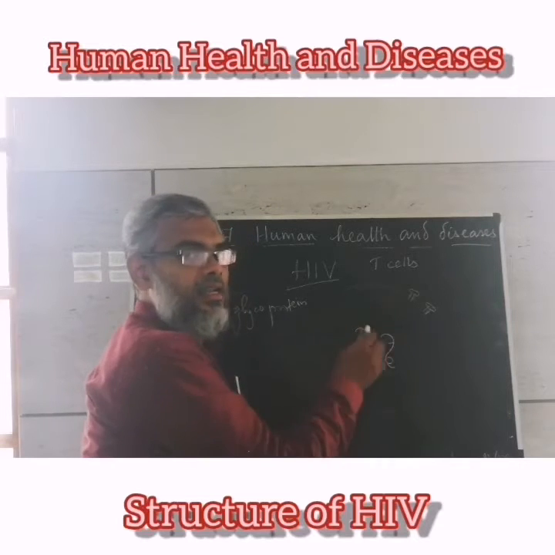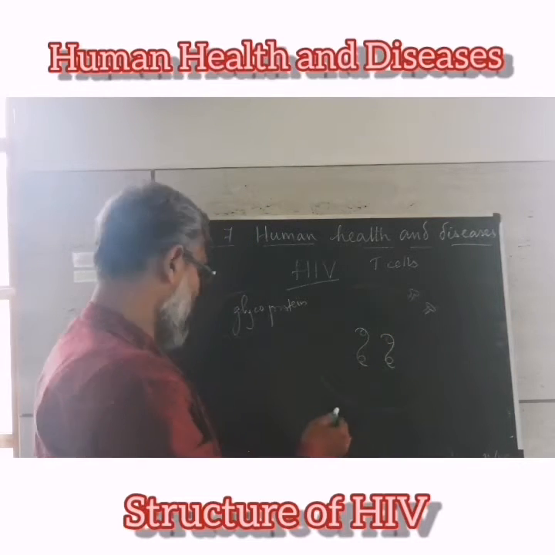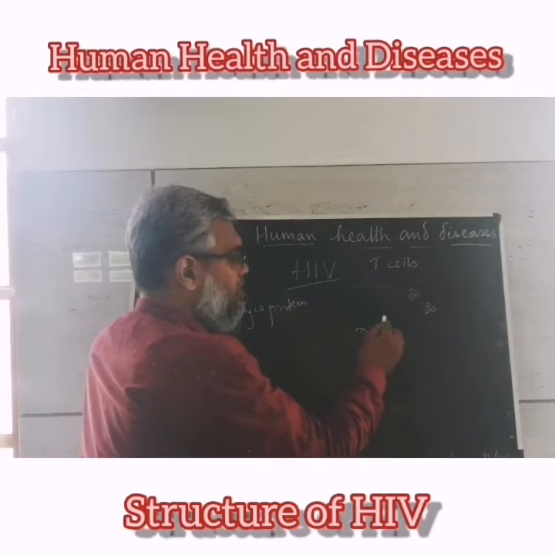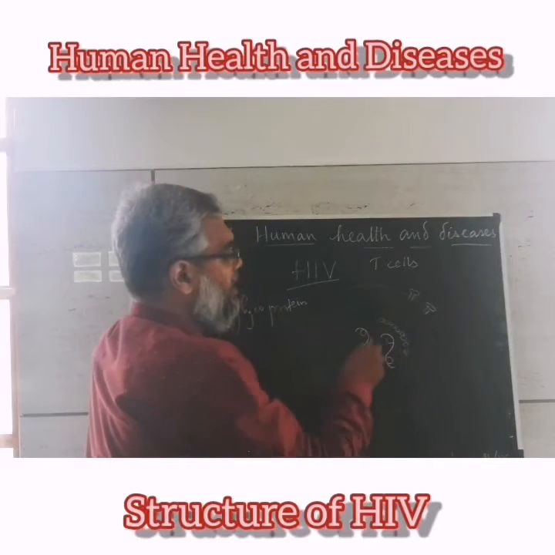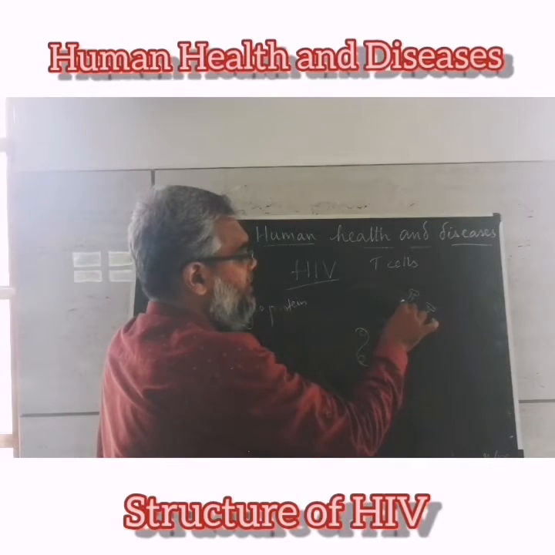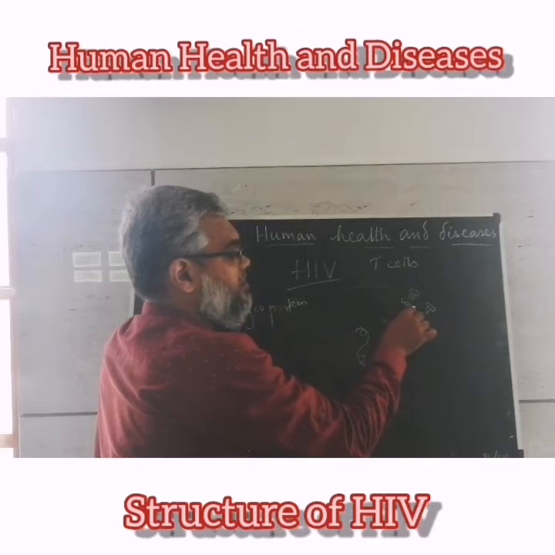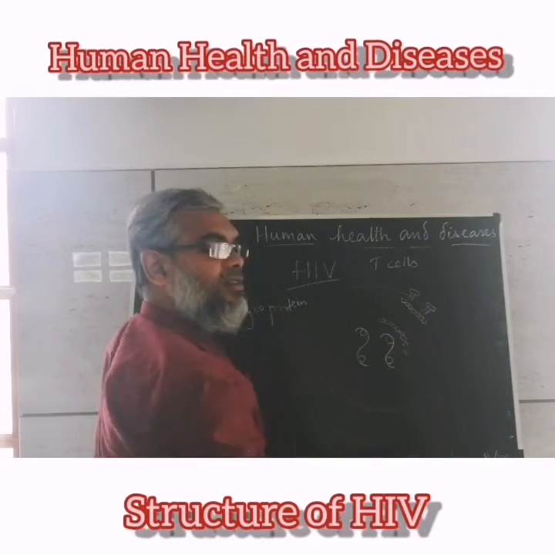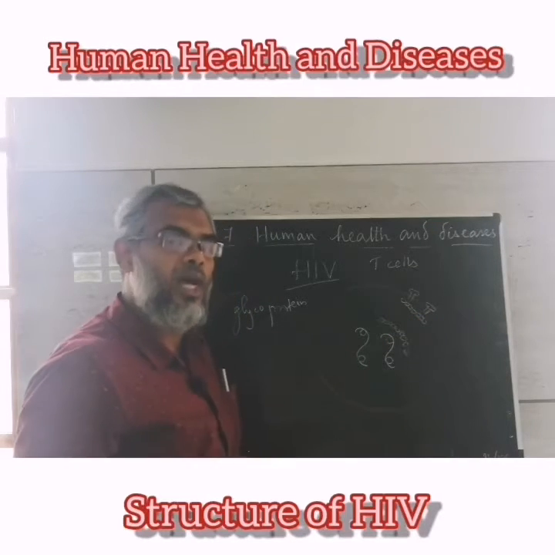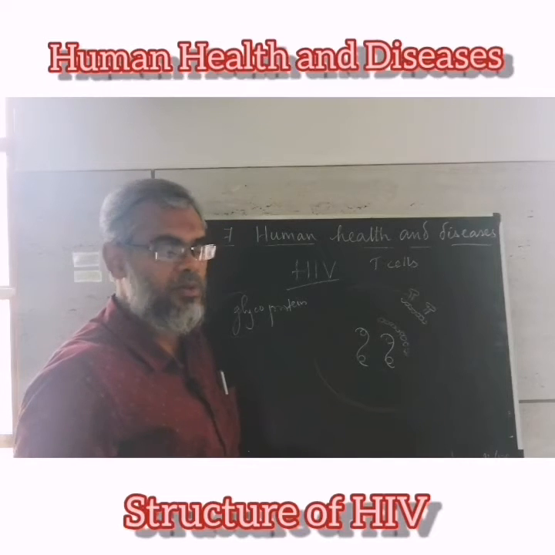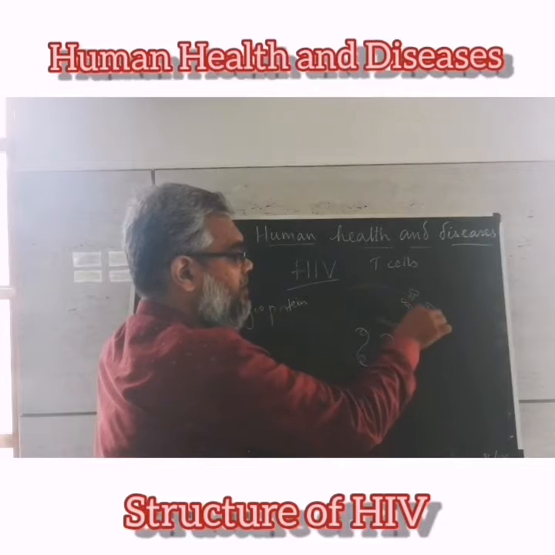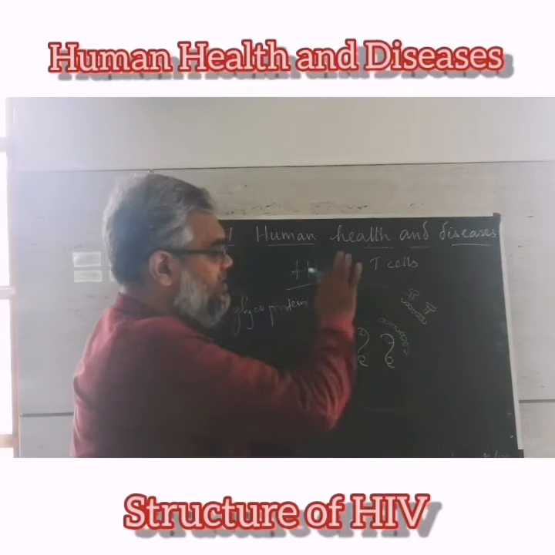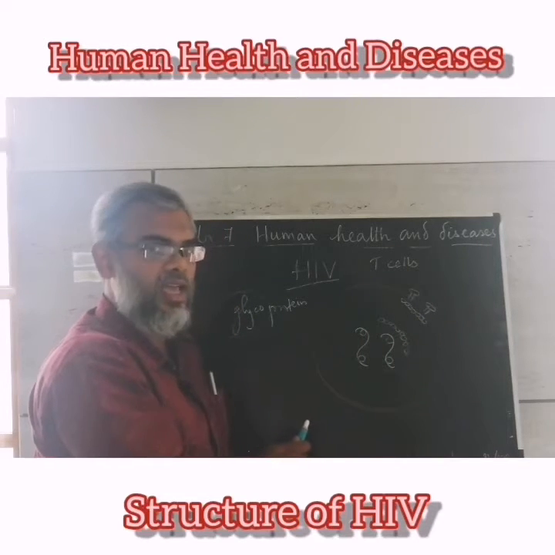Totally, this RNA is present in the capsid protein, so the capsid protein is fully present, and this is covered by matrix protein. Generally, we know very well that when we speak about a virus, nucleic acid and protein are there. So this is the capsid protein and matrix protein. This is the general structure of HIV.